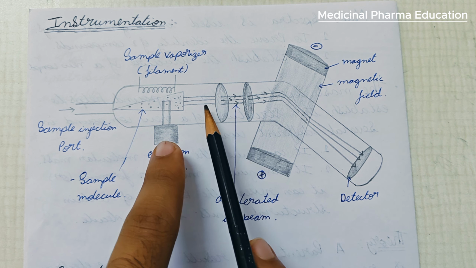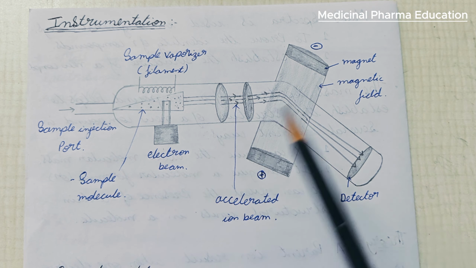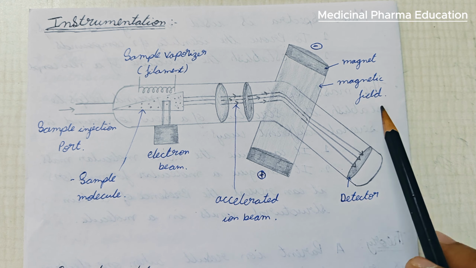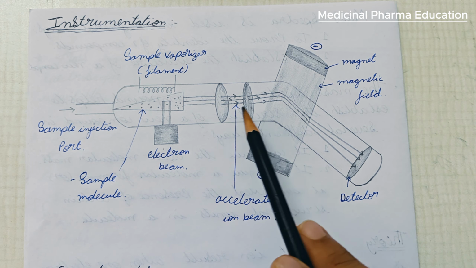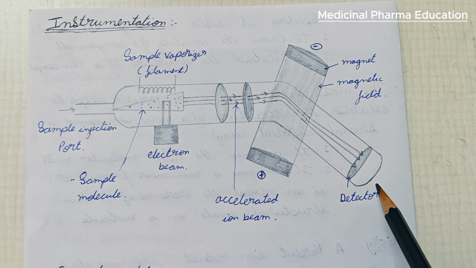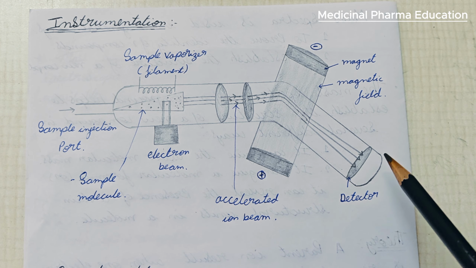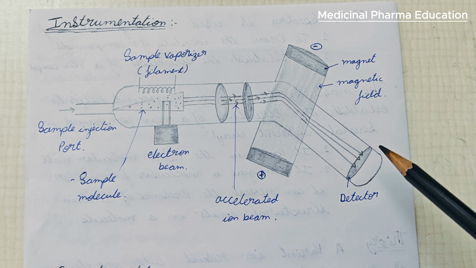By this, the ions accelerate into the magnetic field. The beams are accelerated and diverted into the detectors where the analyzers are placed. They arrange according to the mass to charge ratios.